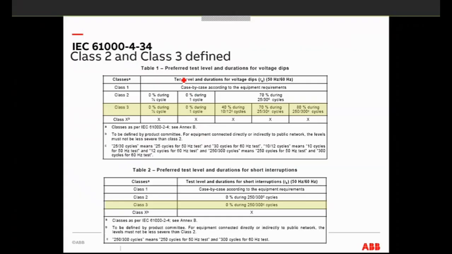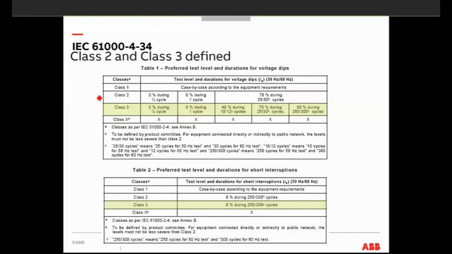Okay, and there is also one more standard that we call IEC 61000. In this standard, there are class 2 and class 3. We will define class 2 and class 3. The lower the class, the more strenuous the protection or sensitivity required.